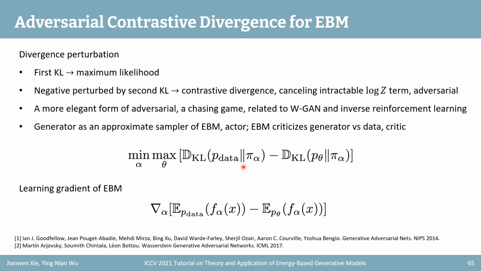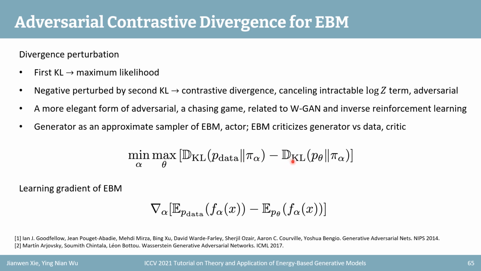However, the log Z term, we know, involves intractable expectations that can be approximated by MCMC. Suppose we don't want to use MCMC, then we can use a generative model as an approximate sampler. And then we define the following adversarial learning, where again we minimize this KL divergence over alpha. So minimizing the first KL divergence leads us to maximum likelihood.